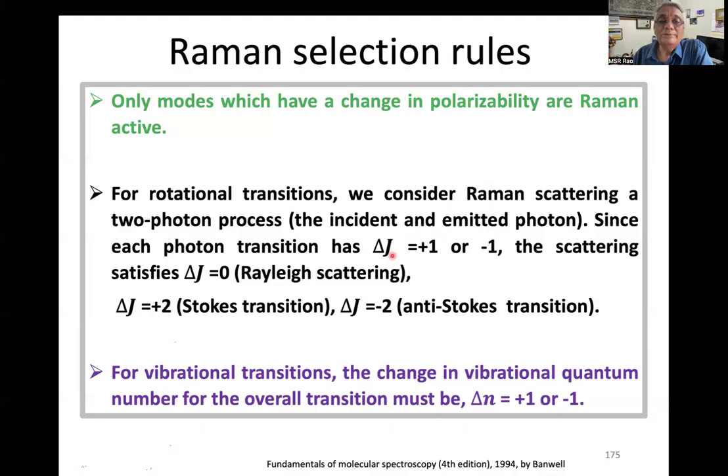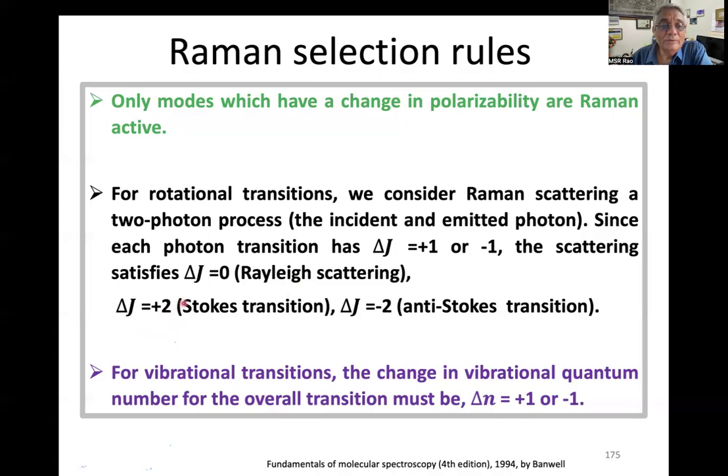Since each photon transition has delta J equal to +1 or -1, the scattering satisfies delta J equal to 0. That is the Rayleigh scattering. There is no change in energy. It's an elastic scattering process, Rayleigh scattering. Whereas Raman scattering is an inelastic scattering process.